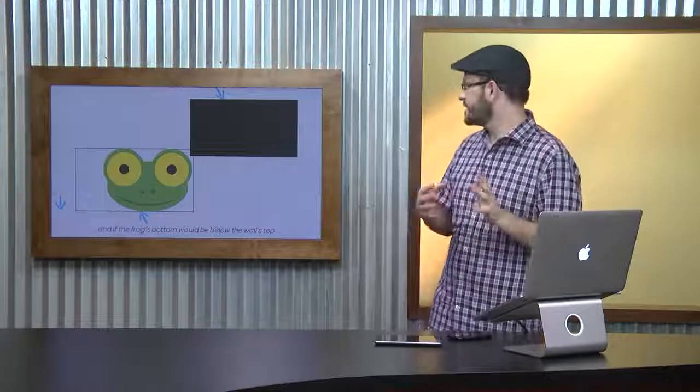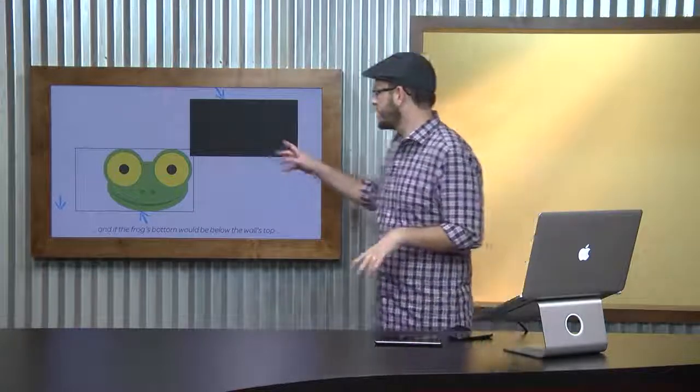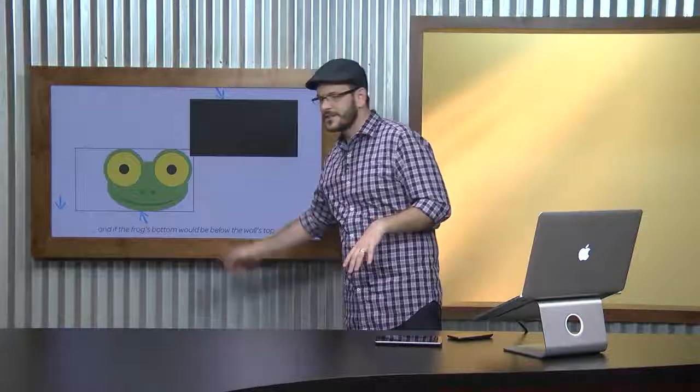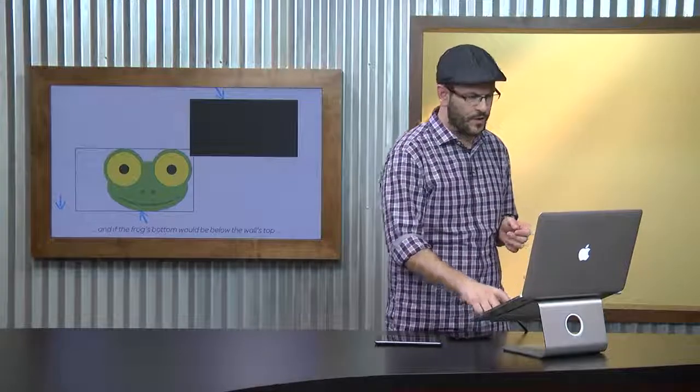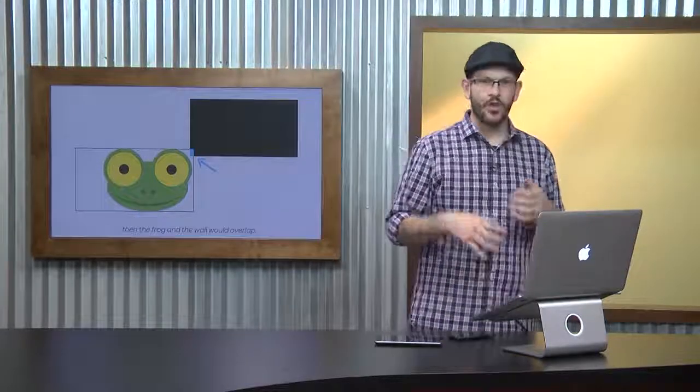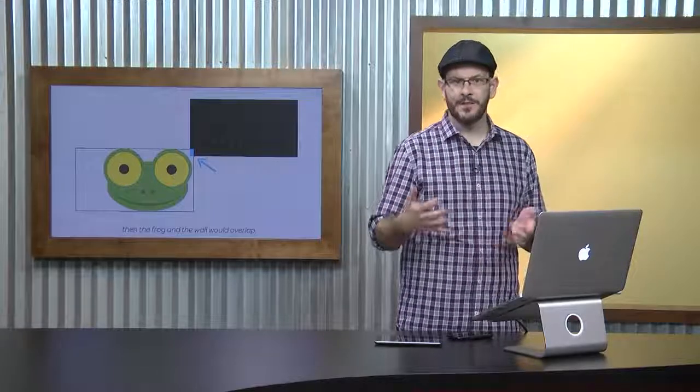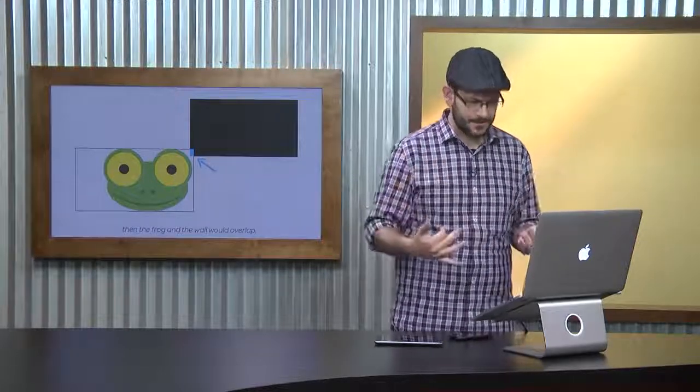If all of those conditions are true, then we know that the frog's bounding box is overlapping with the wall's bounding box. And we would know that moving the frog to that position would cause a collision.